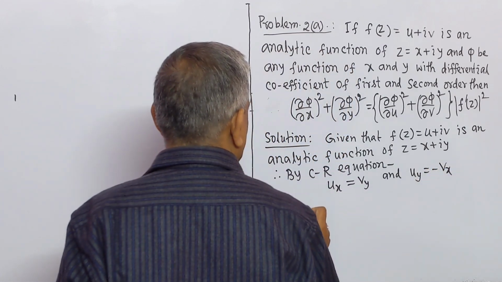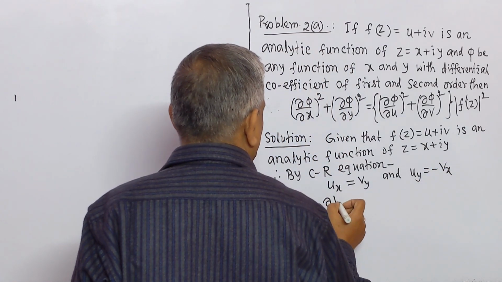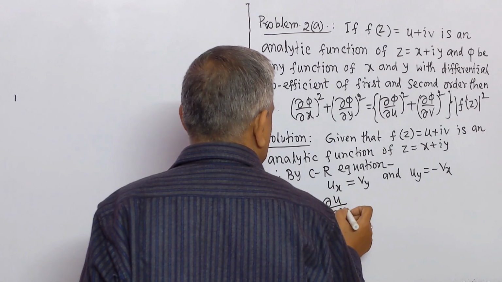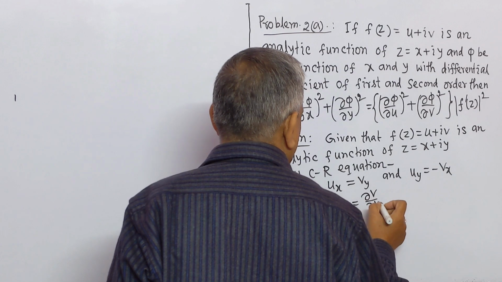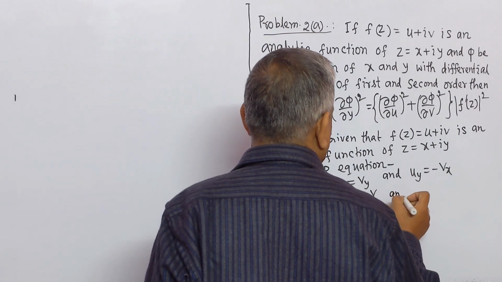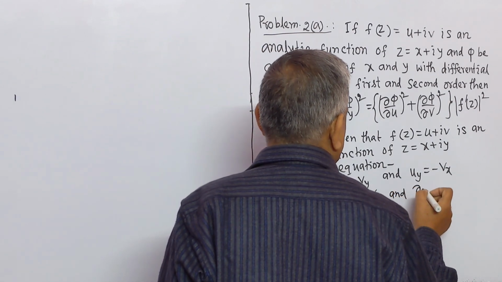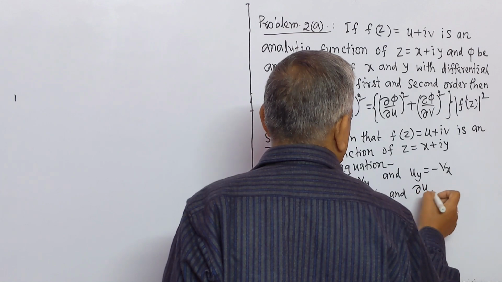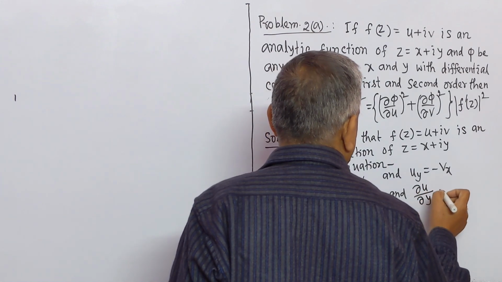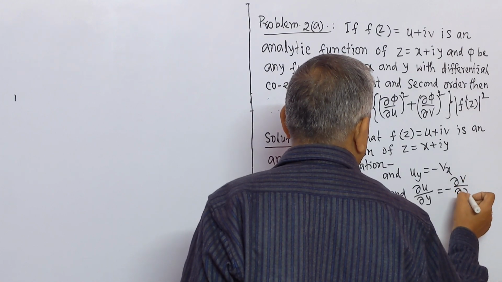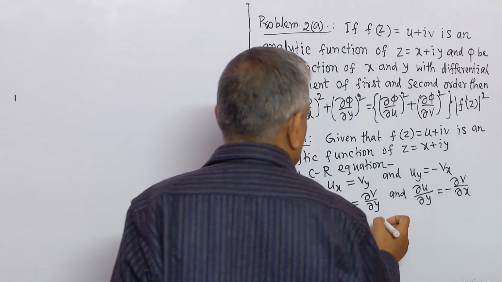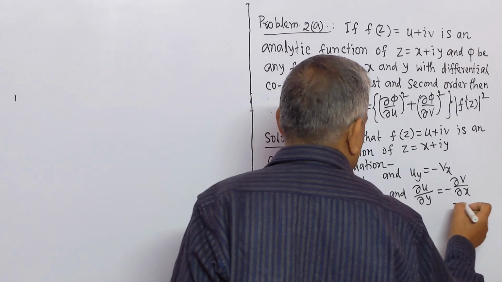This means the partial derivative of u with respect to x equal to the partial derivative of v with respect to y, and the partial derivative of u with respect to y equal to minus the partial derivative of v with respect to x. Let this be number 1 and this be number 2.